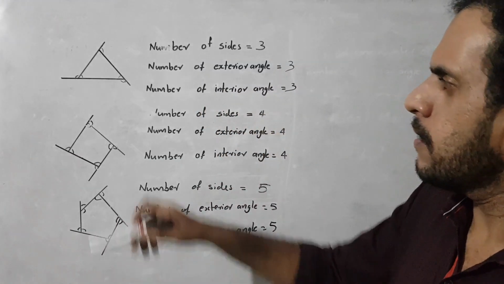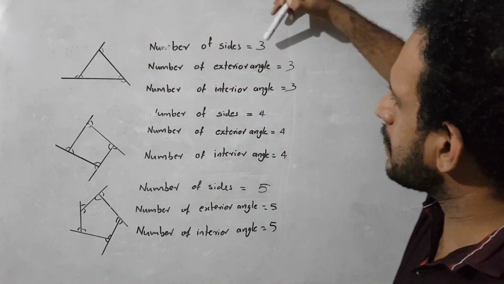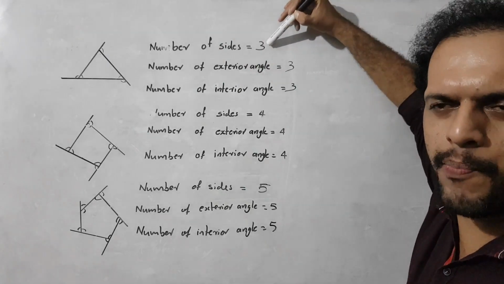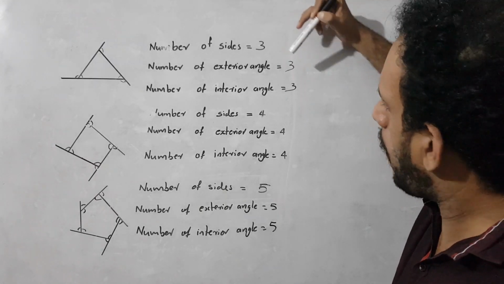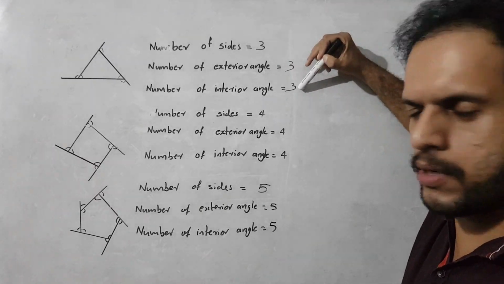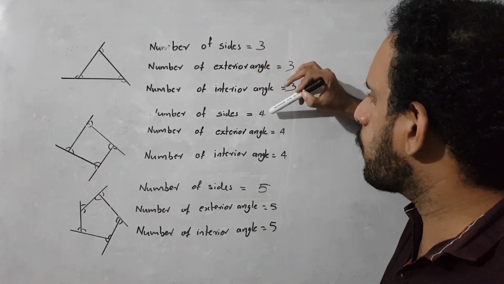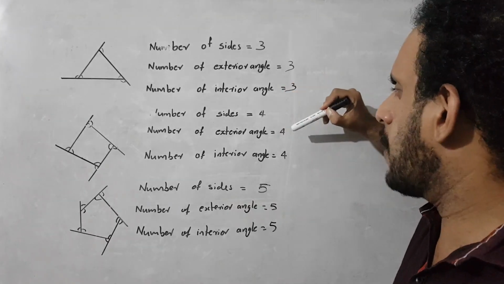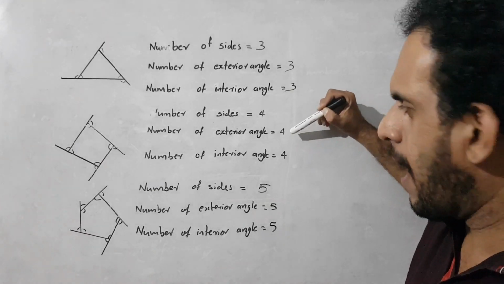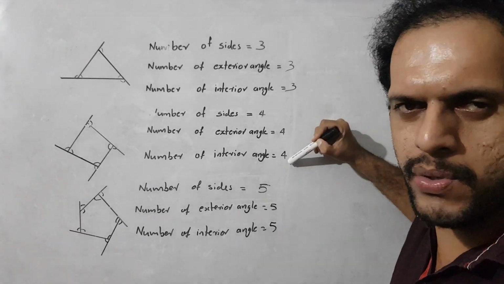We get from here that if a polygon has 3 sides, the number of exterior angles is 3 and the number of interior angles is also 3. If a polygon has 4 sides, the number of exterior angles is 4 and the number of interior angles is also 4.